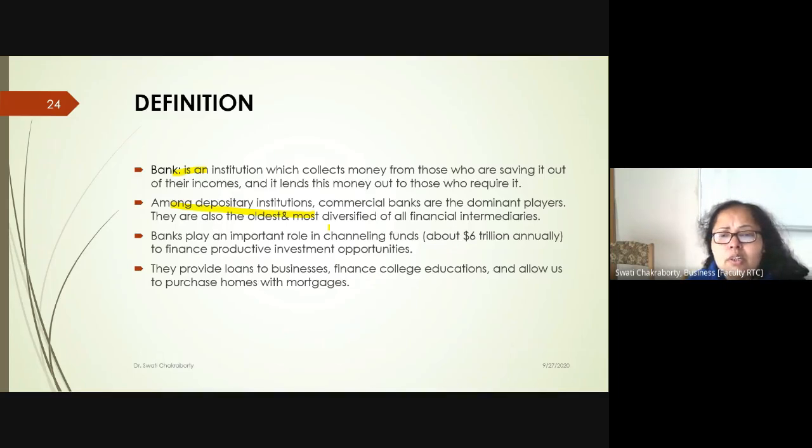And they are also the oldest and most diversified amongst all financial intermediaries. Banks play a very important role in channelizing funds, about $6 trillion annually, to finance all productive investment opportunities. And they also provide loans to businesses, finance college educations, and allow us to purchase homes through mortgages.